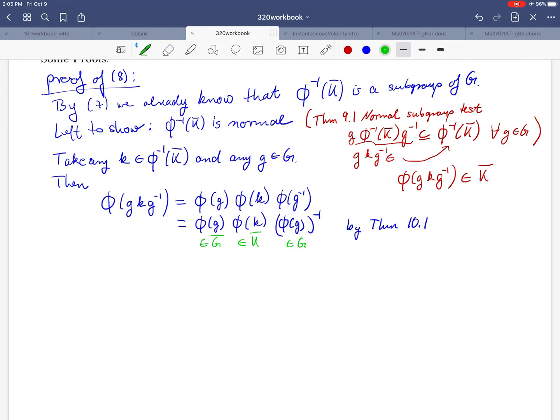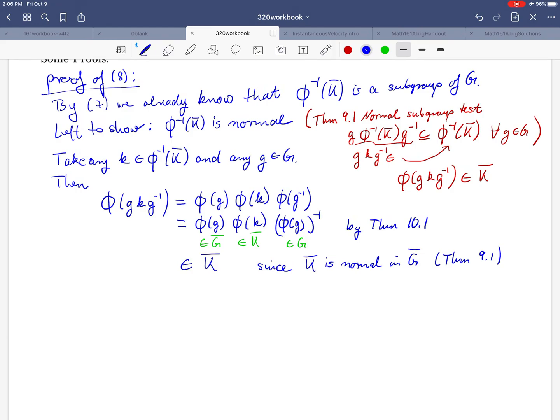So then, by using the normal subgroup test on K bar, we can conclude that this element that we are getting is in fact in K bar, since we know that K bar is normal in G bar, using theorem 9.1 again, the normal subgroup test.